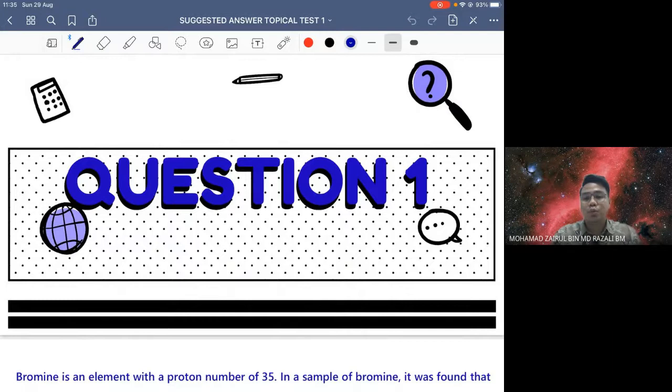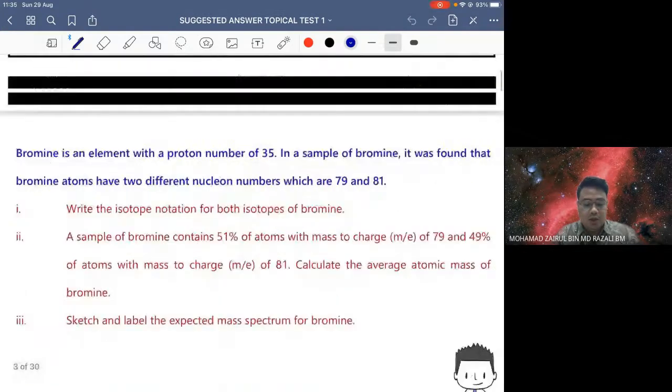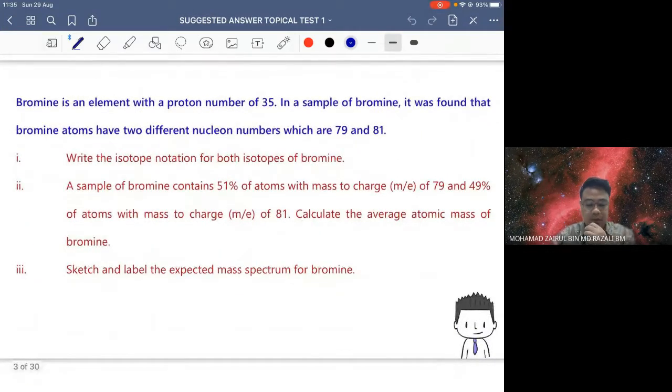So question number 1 is related to the average atomic mass and also mass spectrometry. The question says bromine is an element with a proton number of 35. In a sample of bromine, it was found that the bromine atoms have two different nucleon numbers, which are 79 and also 81.